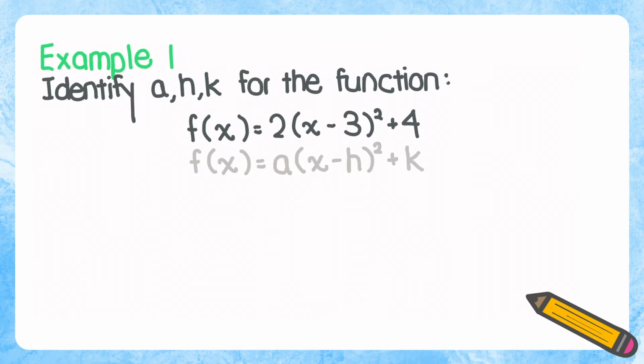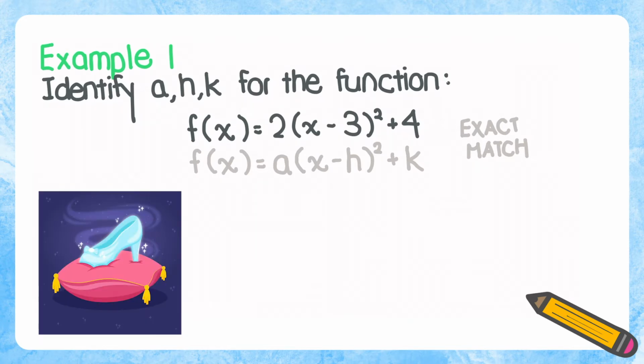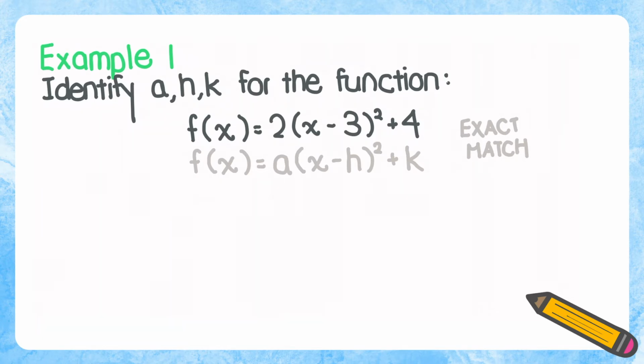To identify a, h, and k, we need an exact match. It needs to look exactly the same. So we need an exact match, kind of like Cinderella's shoe. Notice here we have an exact match.